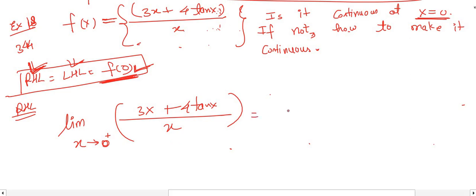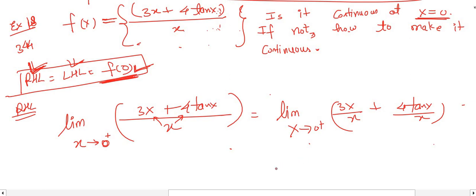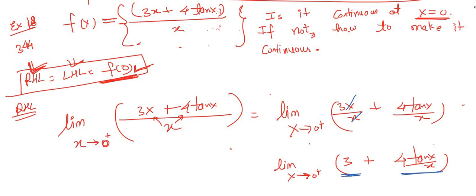Can I write 3x by x and 4 tan x by x? We can split it. So we will get limit x tending to 0 plus of 3 plus 4 tan x by x. Why? Because this x and this x will cancel, so it is 3 plus 4 tan x by x.